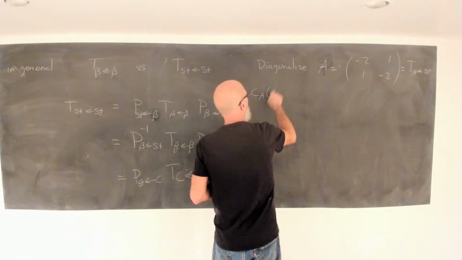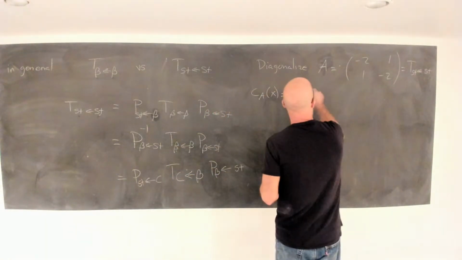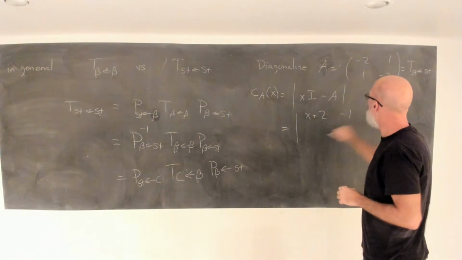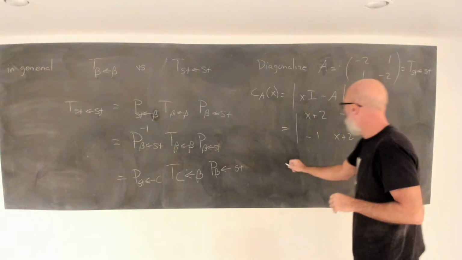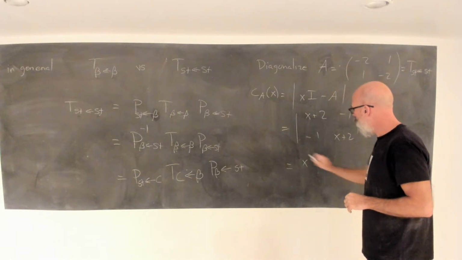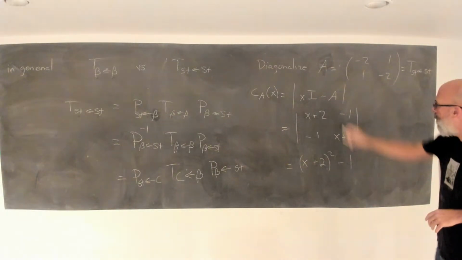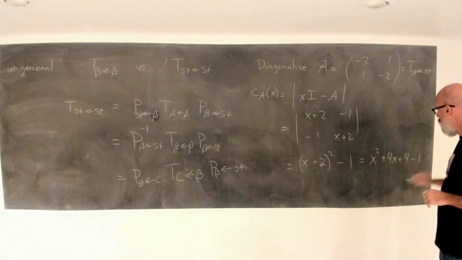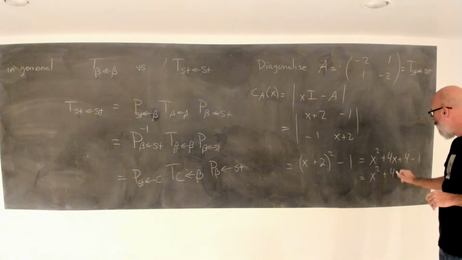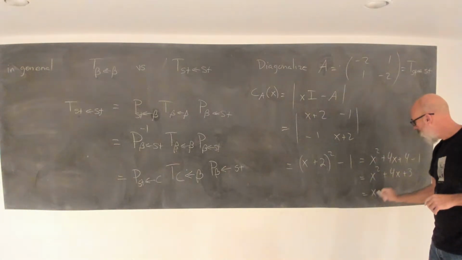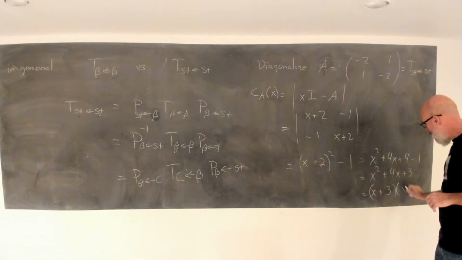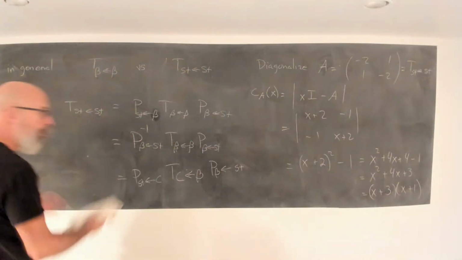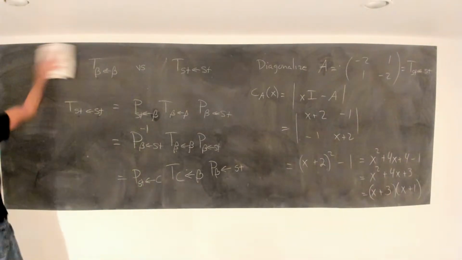Let's look at the characteristic polynomial, which is the determinant of xI minus A. So x plus 2, minus 1, x plus 2, which is x plus 2 squared minus 1, x squared plus 4x plus 4 minus 1, or x squared plus 4x plus 3, which factors as x plus 3, x plus 1. So you see the roots of the characteristic polynomial.